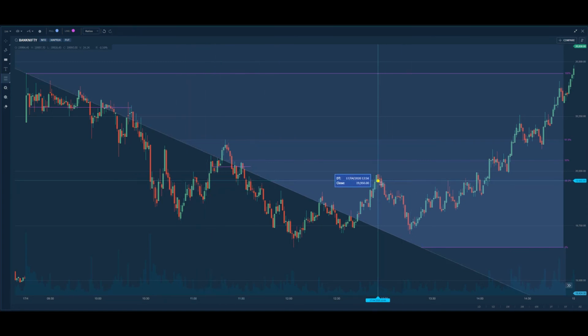In the same way here also there is a resistance, and I was around 60% sure it would take this resistance and trace downwards again. It did bounce back from that resistance, but it did not completely fall down. Instead it took this support and started going in the upward direction.